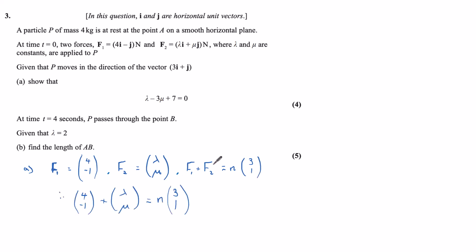Now I'm going to find F1 plus F2. So here's my F1, 4 over minus 1, plus F2, and that is equal to, as I've stated, my constant n multiplied by my directional vector 3, 1.